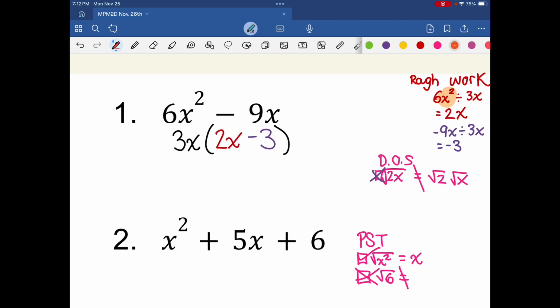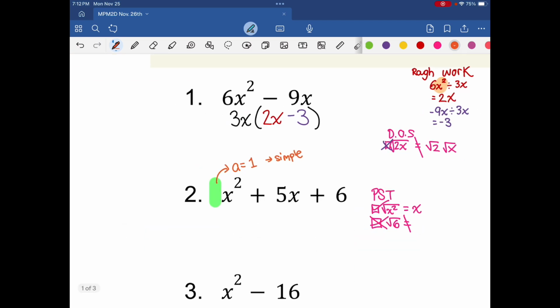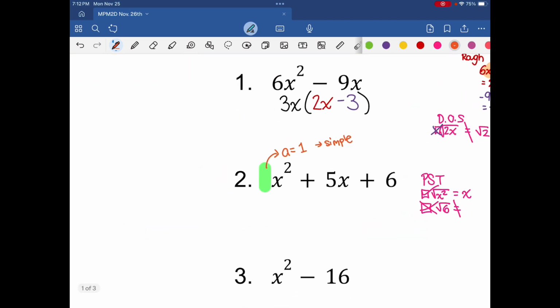Okay, next thing. If the coefficient in front of our square term is 1, then it is a simple trinomial. Okay, simple trinomial. So I know when we factor simple trinomials, we find the product and we find the sum.